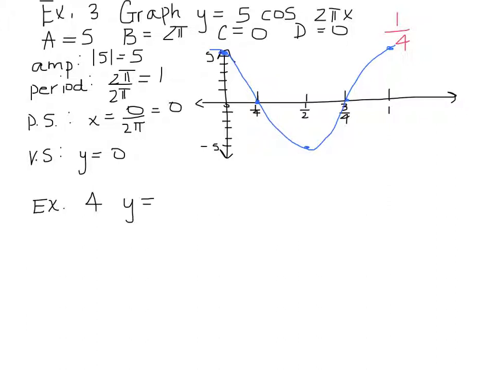Now let's try one with the phase shift. We'll do y equals 3 cosine of 2 pi x plus 4 pi.